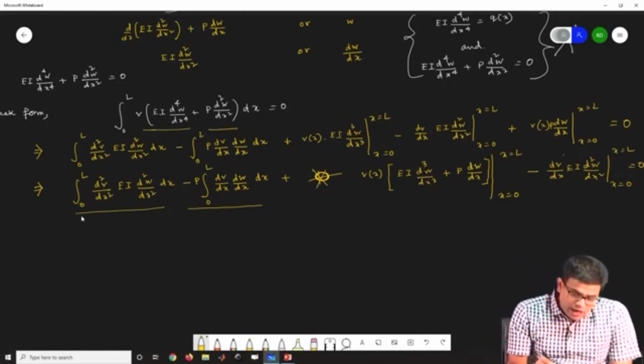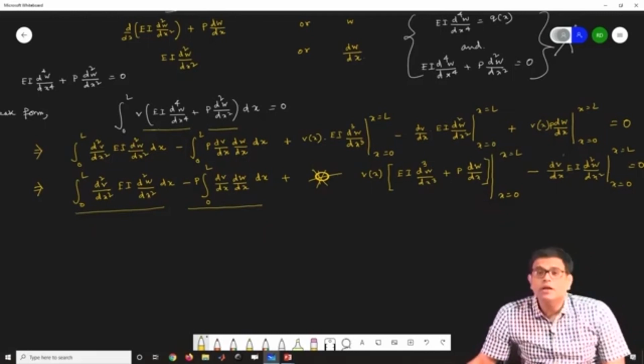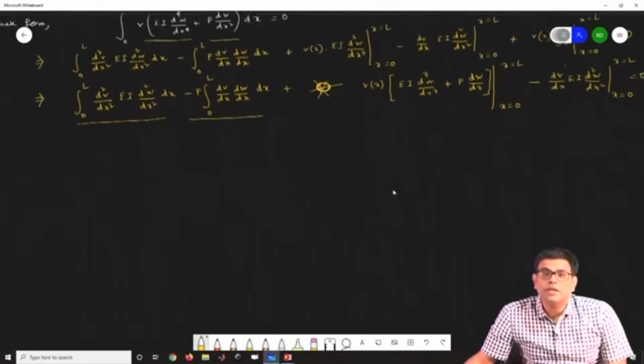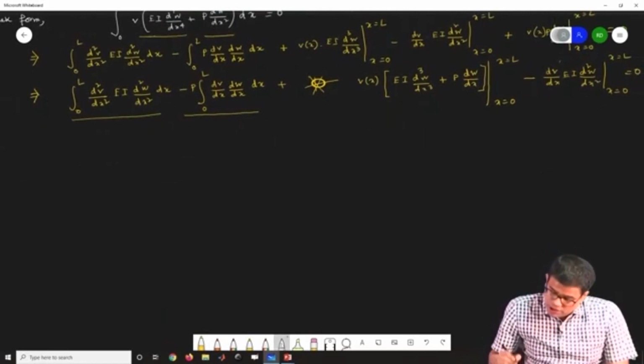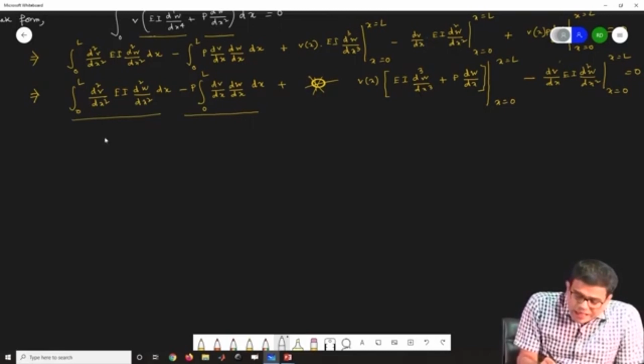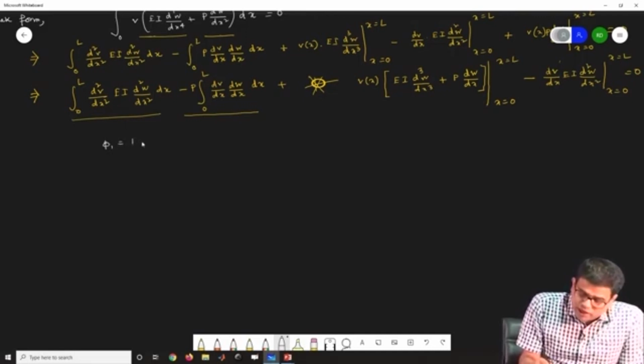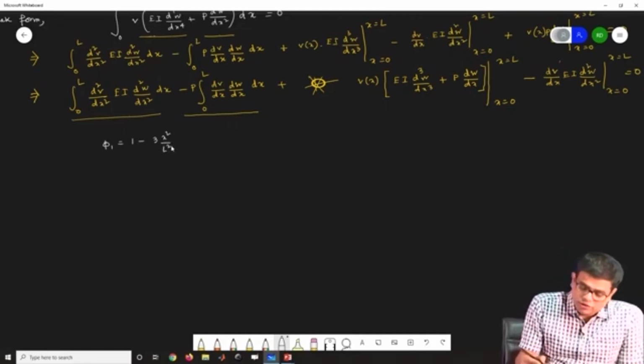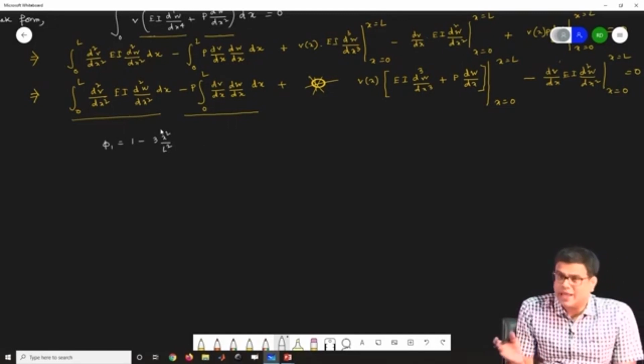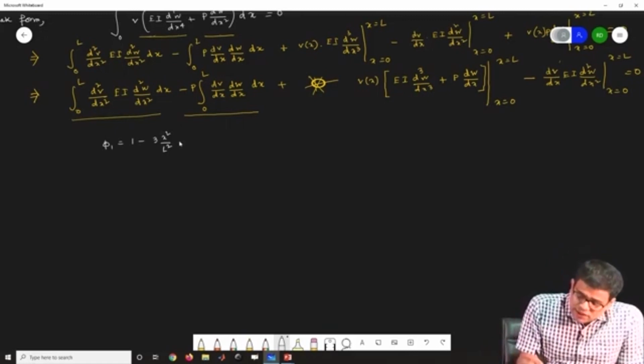We are familiar with the standard beam shape functions, but let me just rewrite them again. Phi 1 is 1 minus 3x²/L² plus 2x³/L³. Phi 2 is minus x into (1 minus x/L) squared.